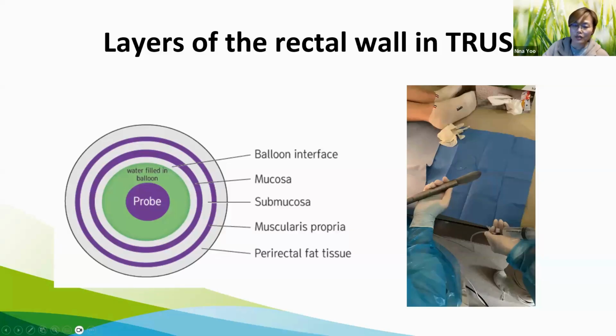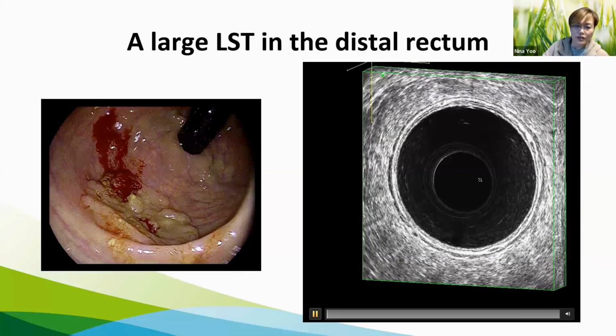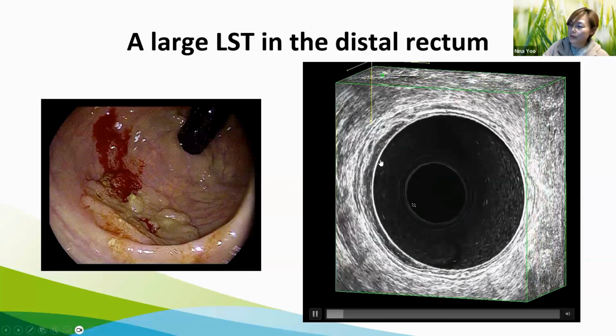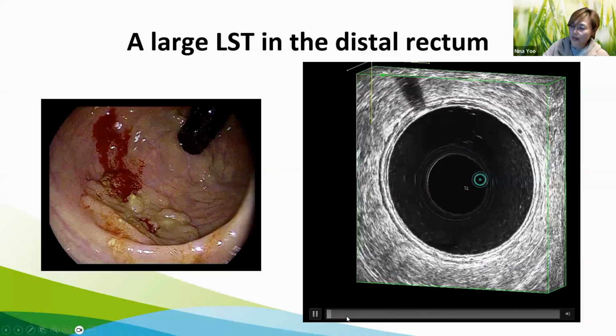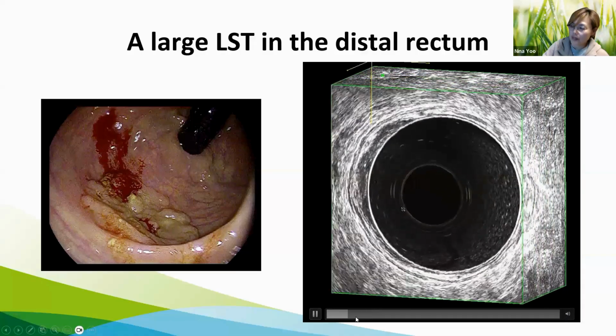And the node, here, this is an example. The LST is located within the submucosa. It doesn't penetrate, or even touch, the muscle layer, so you'll know that it's within the submucosal layer.